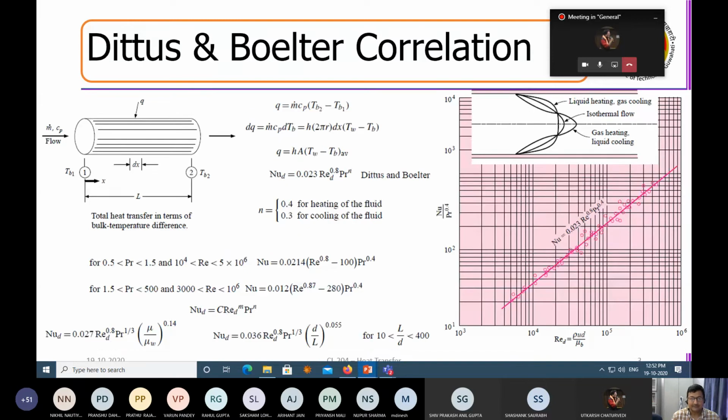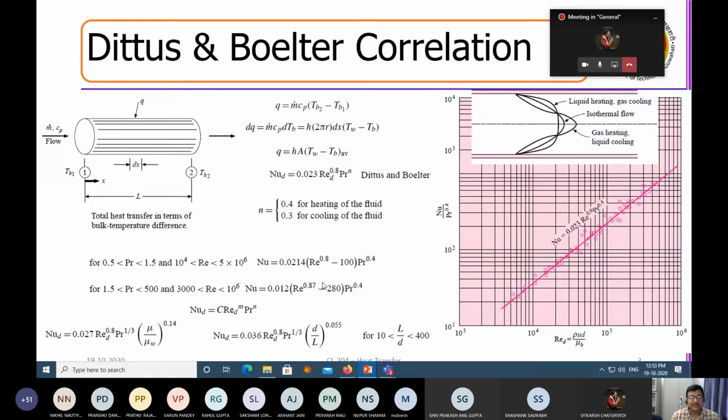Now, people started thinking that I should have Nusselt number on one side, Reynolds number on the other side, and then do a number of experiments to fit for different regions, different types of flow profiles, different types of situations. I do an experiment, vary the velocity, and measure all the parameters associated with that.